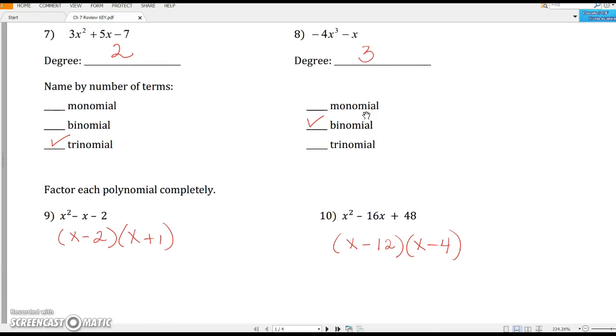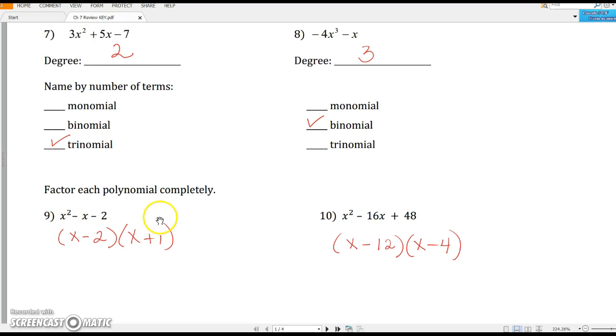On 9 and 10, this is a trinomial. Here's where you kind of need to think through your flow chart. If it is, you look for a GCF. That's the first thing you need to do every time, is look for a GCF. If there is none, a trinomial is going to factor down into 2 binomials. Put your parentheses in each. What goes in the front of each is going to multiply back together to give you the first term.